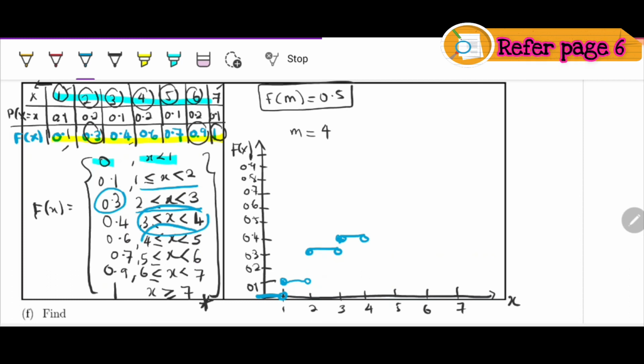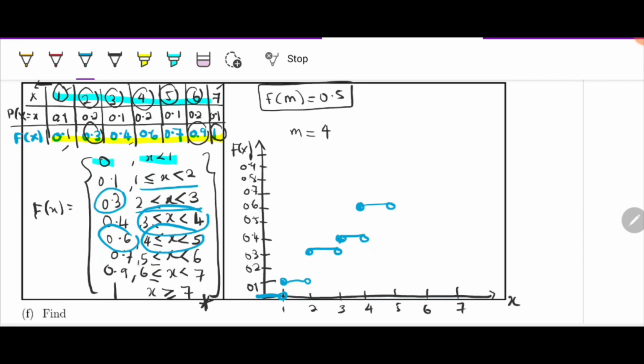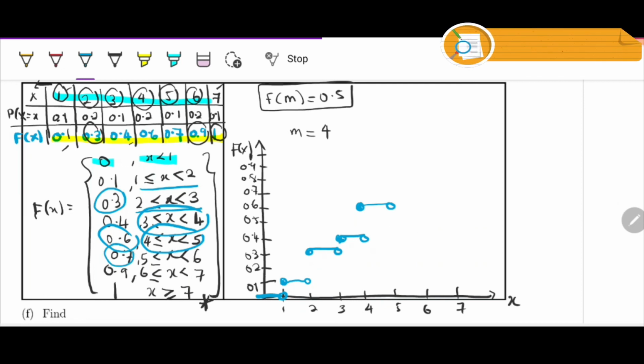On the interval 4 to 5, F(x) is 0.6. Then a filled circle for 4 and an empty circle for 5. F(x) is 0.7 on the interval 5 to 6, with a filled circle for 5 and an empty circle for 6.